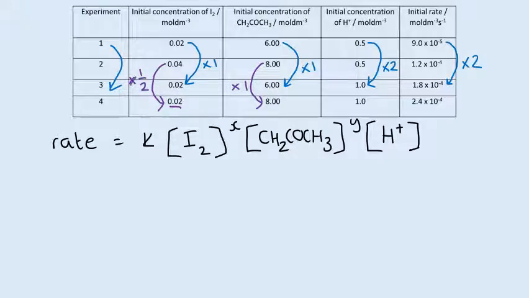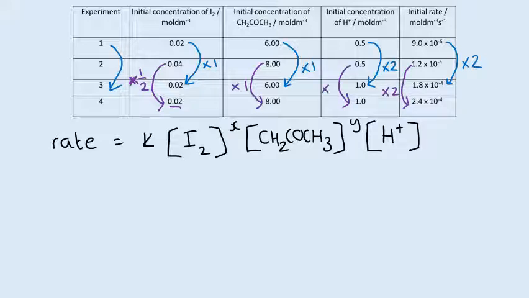Try and stick to multiplying rather than dividing. I know it's tempting to say dividing by 2, but it makes it much easier to work out. What's happening to this? Take your calculator out, and this is doubling. It's going up by 2. What's happening to the H+?